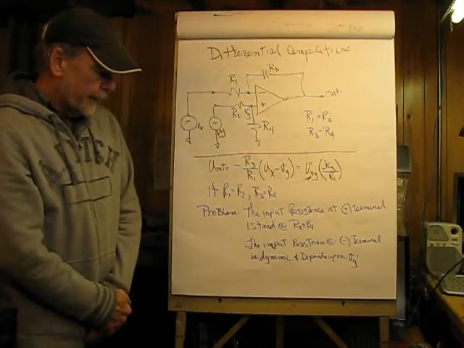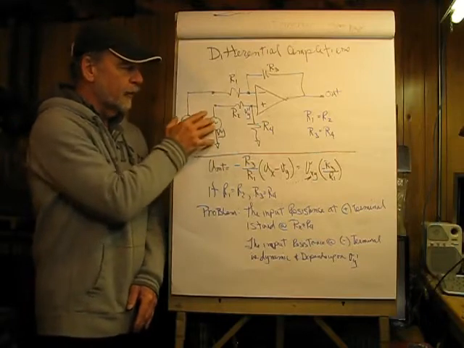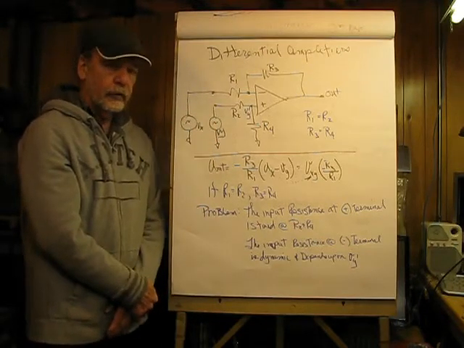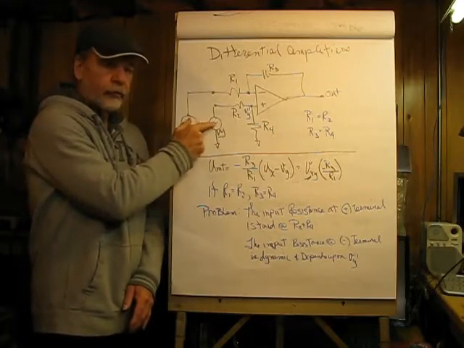So given that, what can actually effectively destroy the differential characteristics of this are the impedance of the sources.